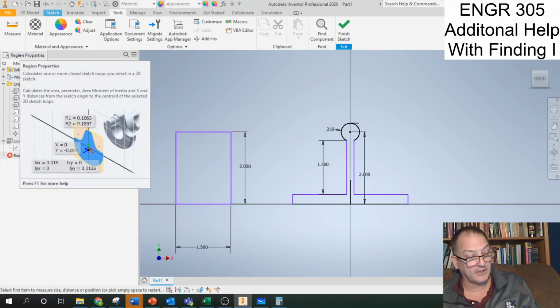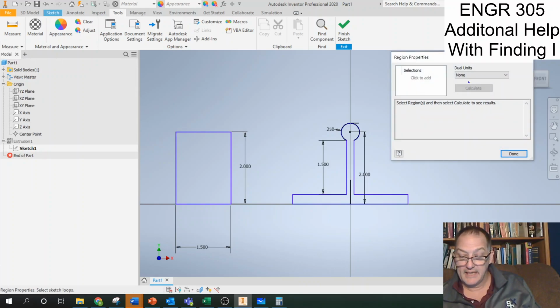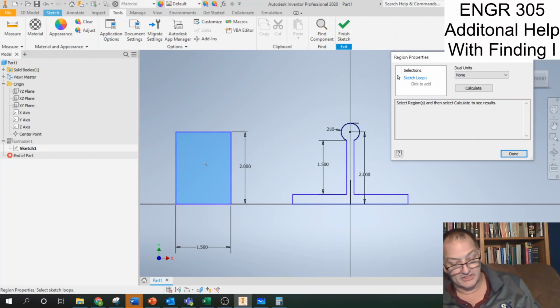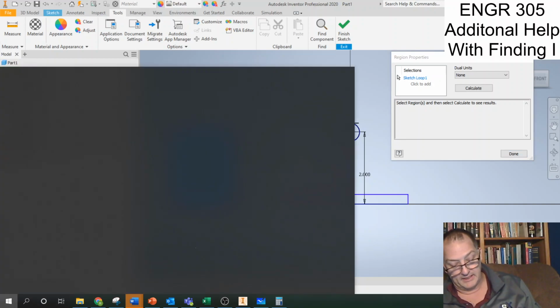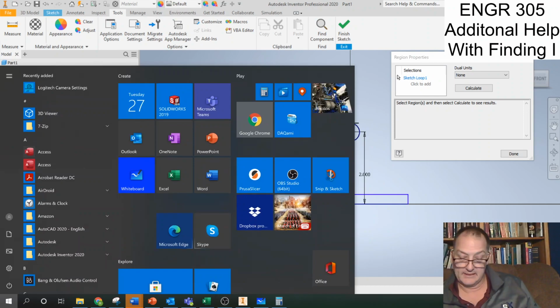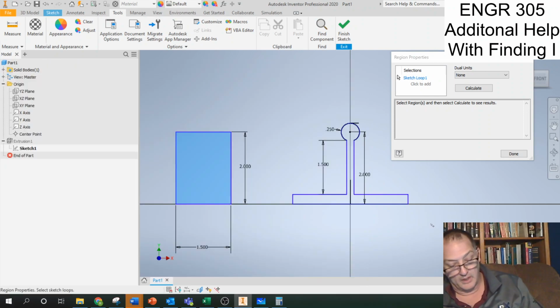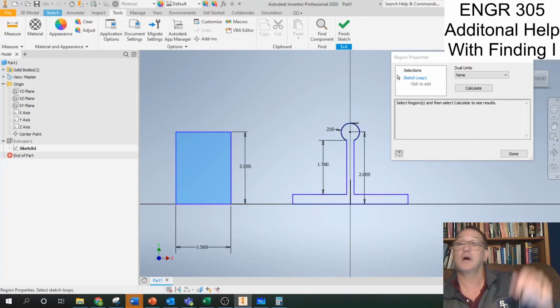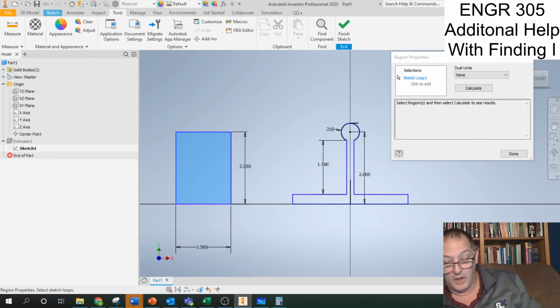Now I select a region. If I select that, well, this is an easy one, right? Base times height cubed. My base is 1.5. My height is 2. If I cube 2, that gives me 8. 1.5 times 8 gives me 12. Divide that by 12, it should be 1.